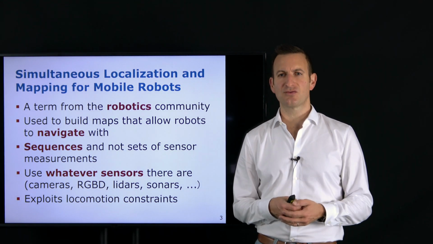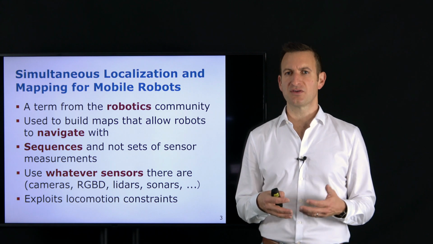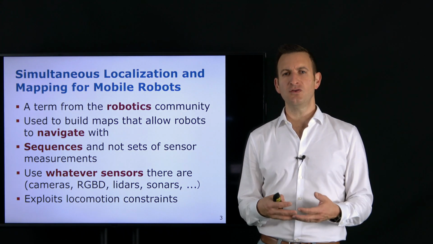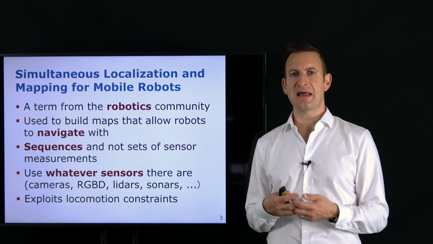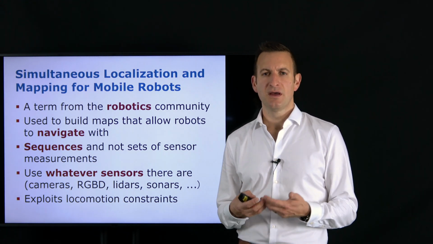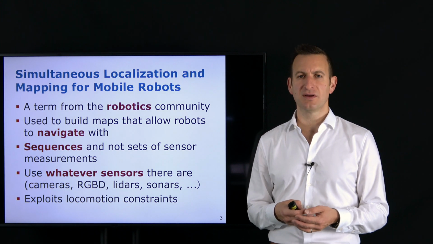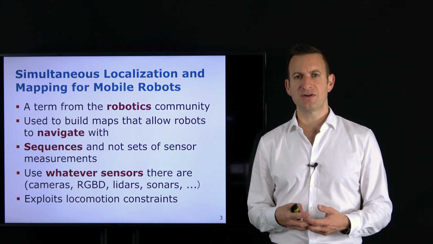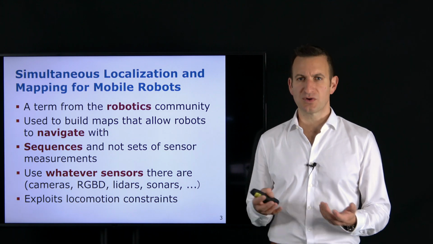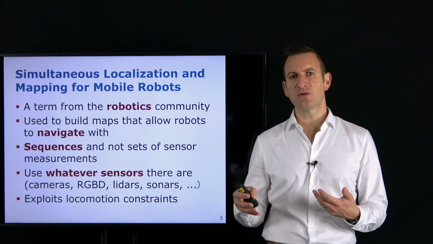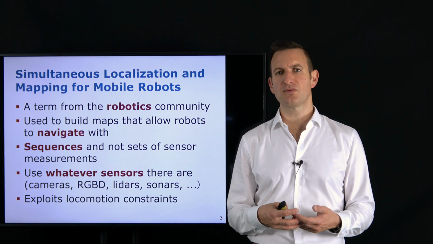And we are often less interested in just the raw sensor data. So we can typically assume that the sensor data is generated from a platform that moves through the environment. Why is this relevant? This is relevant because you can exploit the sequential information. So if you think in terms of images, it's not just a random collection or a set of images. We typically get a sequence of images of a system that was moving through the environment.